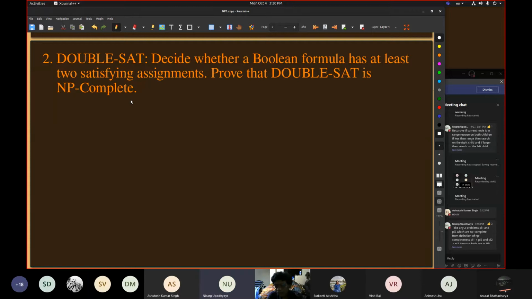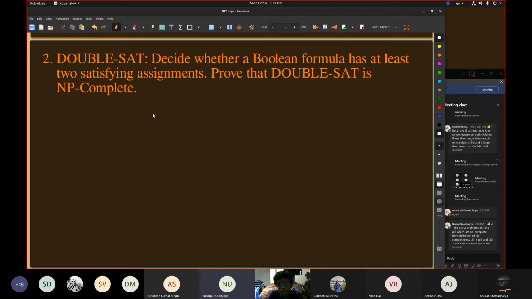So we can use a reduction from SAT, and we can just append an extra variable with a clause of the form: if the variable, say xn, is not used, then xn or xn bar.